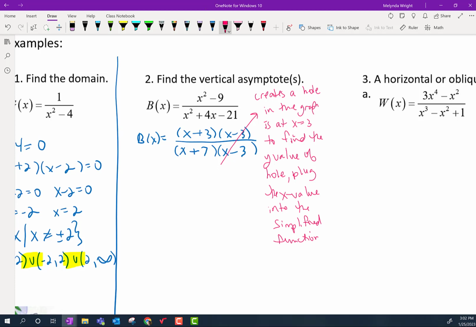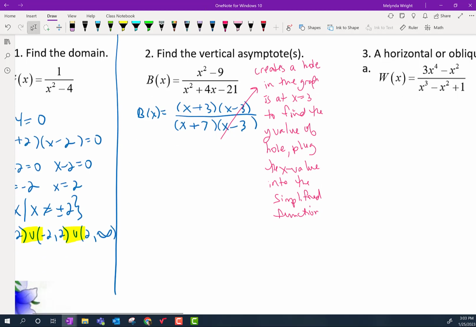So when we cross out a factor from top to bottom, numerator and denominator, it creates a hole in the graph at the location where that factor is 0, so at x equals 3. And to find the y value of the hole, we plug the x value into the simplified function.